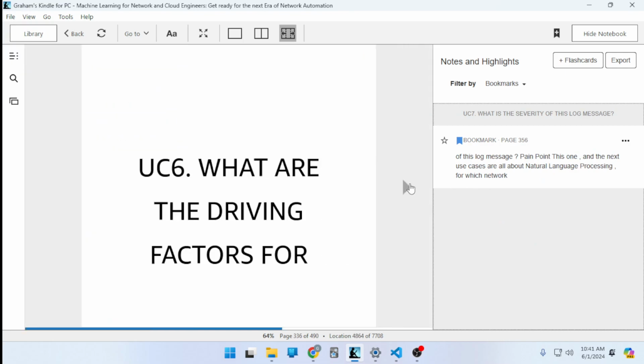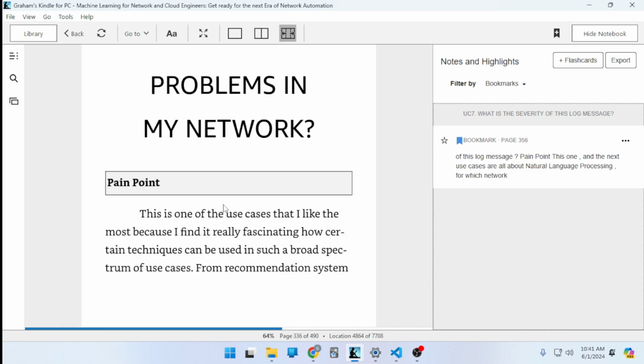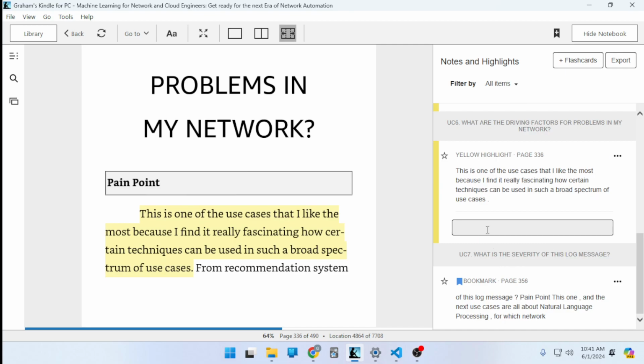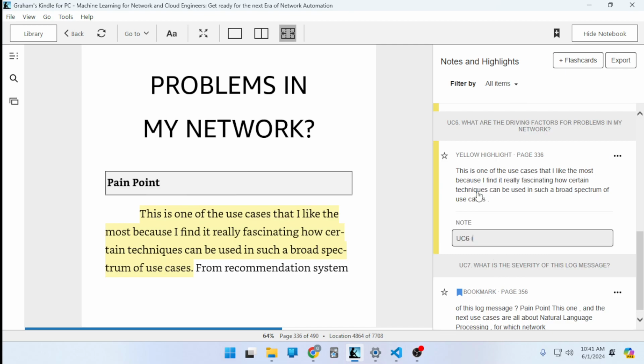So let's see here. Yeah, so I guess I'll highlight this. So I'm going to add a note to it. I'm going to say: use case 6 is the best so far.